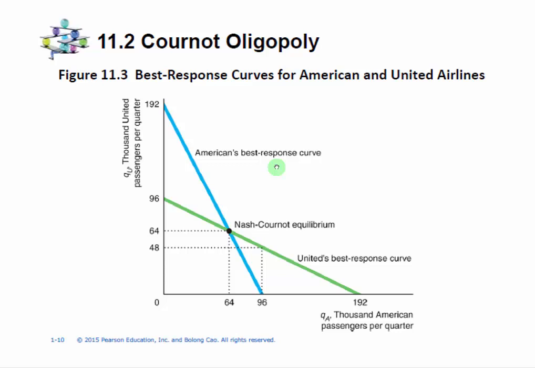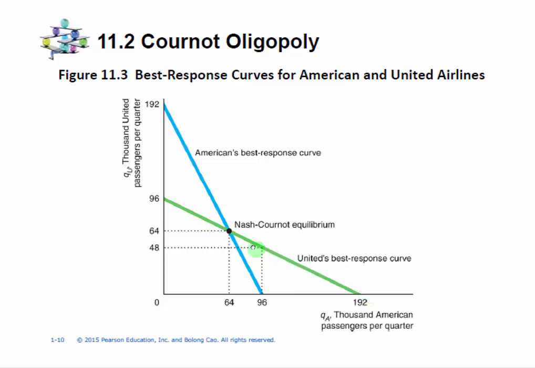Because in this example, we have assumed that these two firms are offering identical products and they have identical cost structures, that means they have the same constant marginal cost here. The result is that we can use symmetry. What's true for the best responses of American Airlines will also be true for the best responses of United Airlines.